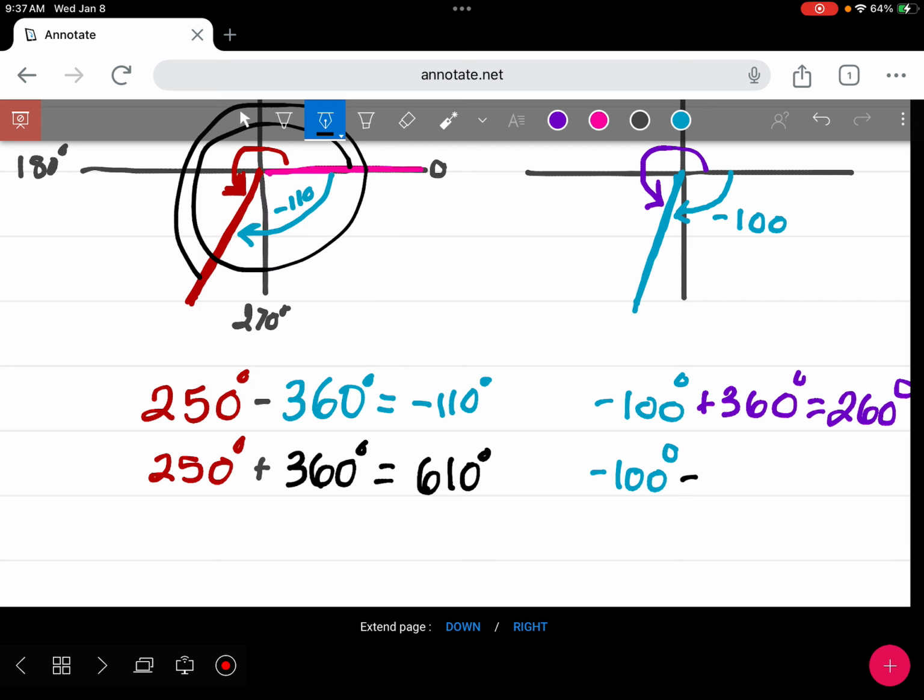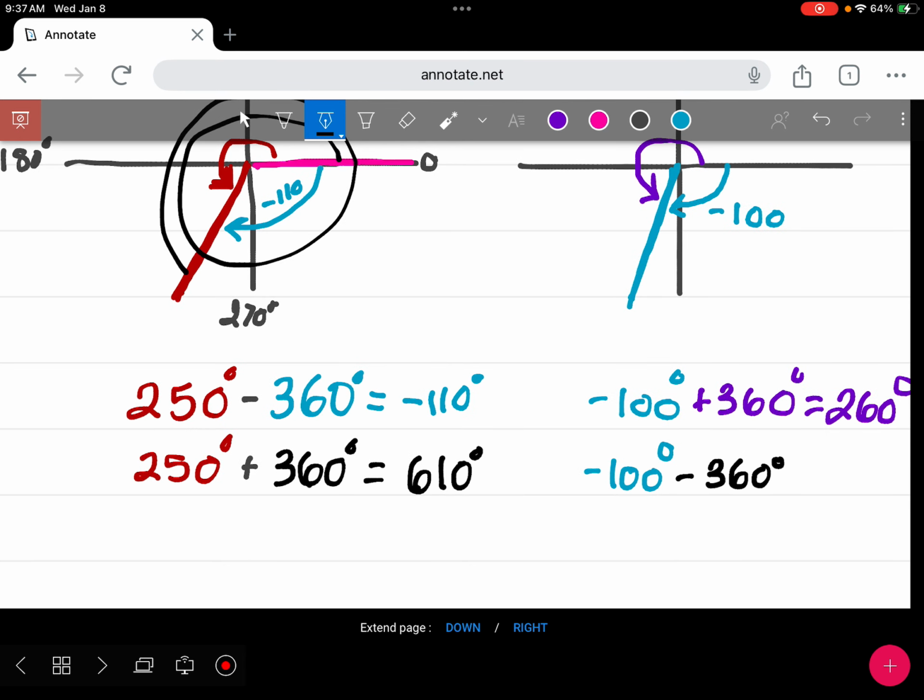So we're going to subtract 360 degrees. We're just twirling in the opposite direction here. So what is our negative coterminal angle? Negative 460, because this is 100. It was like you kind of smushed together the last two. That's all it is. I was like, I know you know how to do that math. Didn't I? Okay.